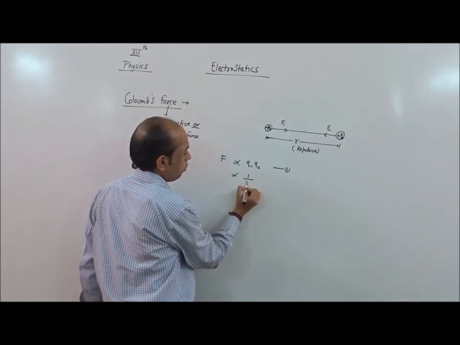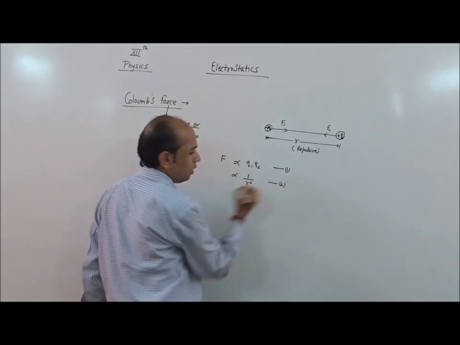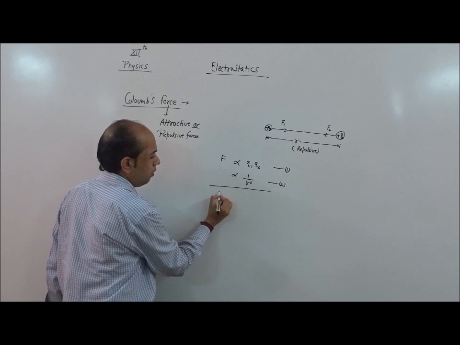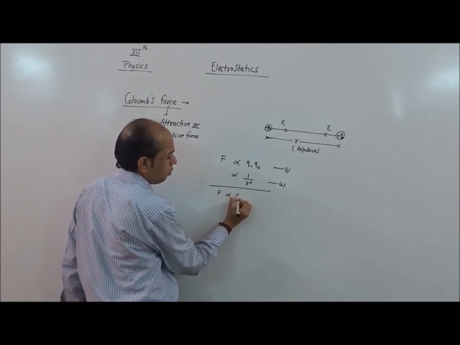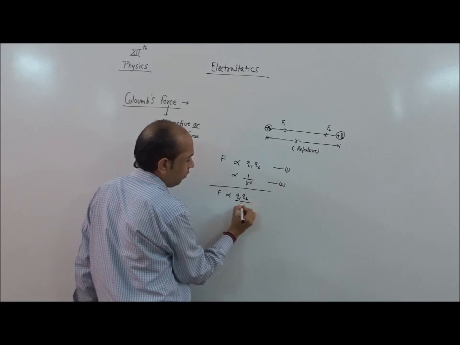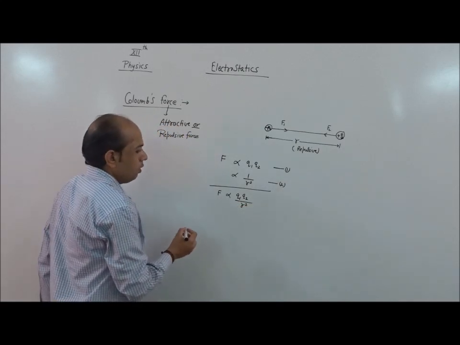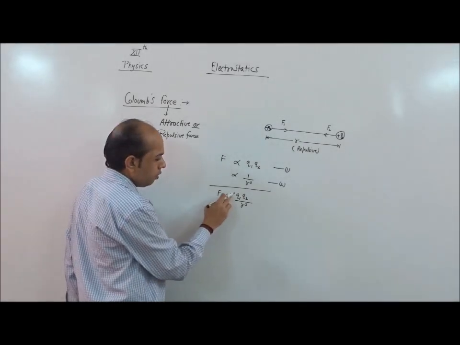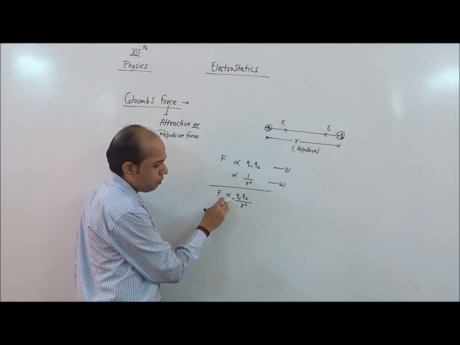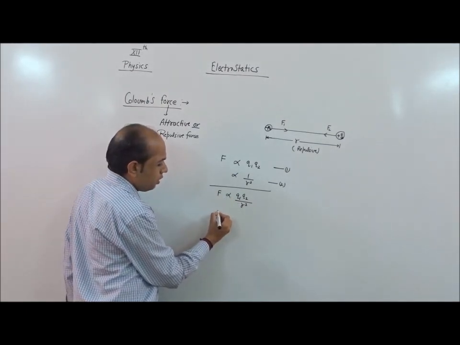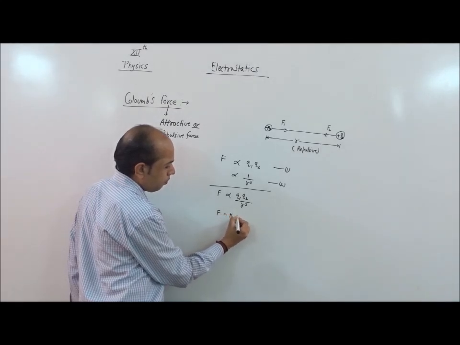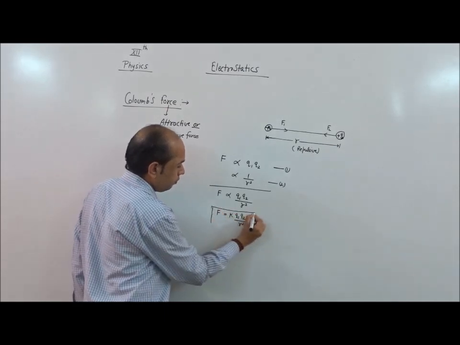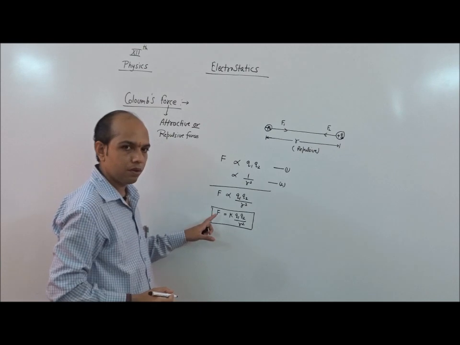If we combine these two, F is directly proportional to Q1 Q2 divided by r square. Whenever we remove the proportional sign, a constant comes in. So F is equal to K Q1 Q2 upon r square. This represents the Coulomb force.